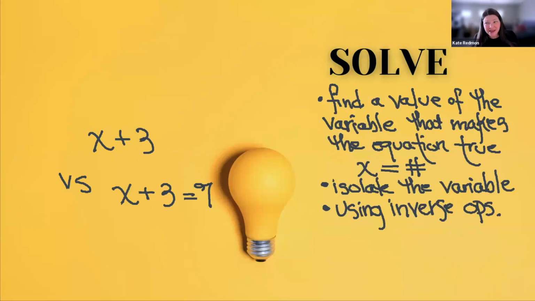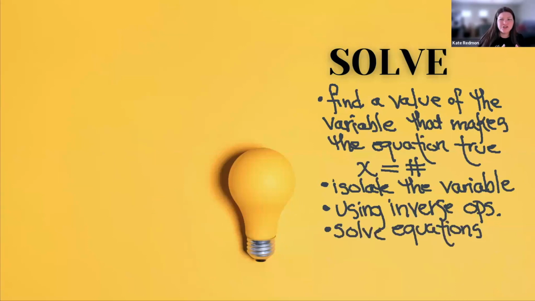But in the second line, this is an equation: x plus 3 is 7. Now I have a clue that tells me something about x plus 3, and I could use what I know about x plus 3 to try to figure out what x itself is equal to. Like I said, equations aren't the only thing that we can solve, but the main thing we need to realize is that we can't solve expressions.